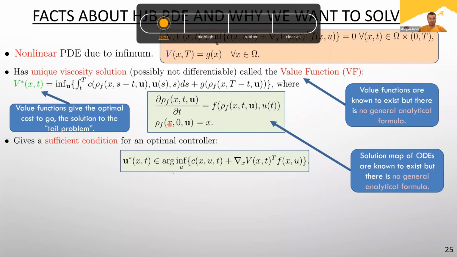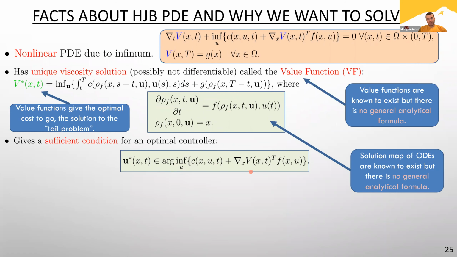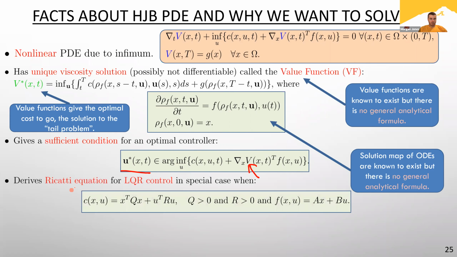So if you can solve the HJB PDE, then you can substitute the solution into this equation, and you can get the optimal controller. So the HJB PDE is of historical importance to control theory, and has derived the famous Riccati equation for LQR control in the special case where the cost is quadratic and the dynamics are linear.